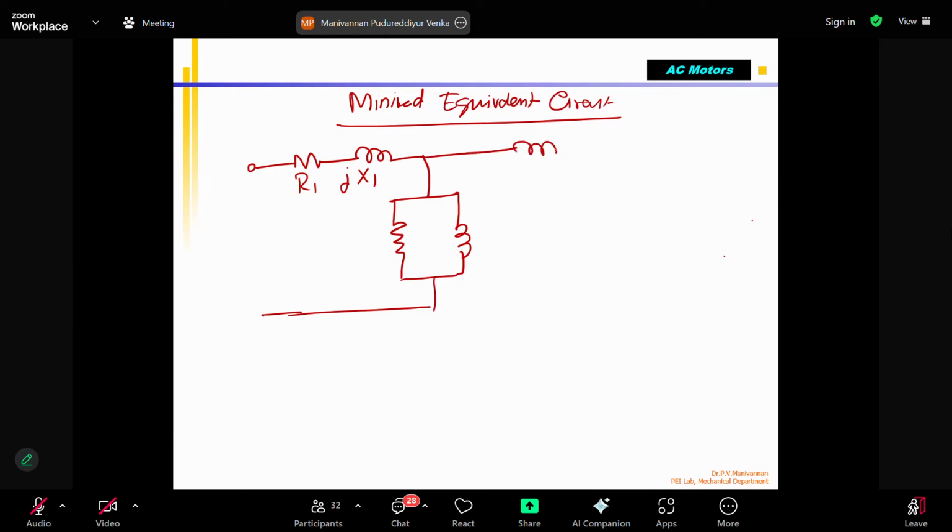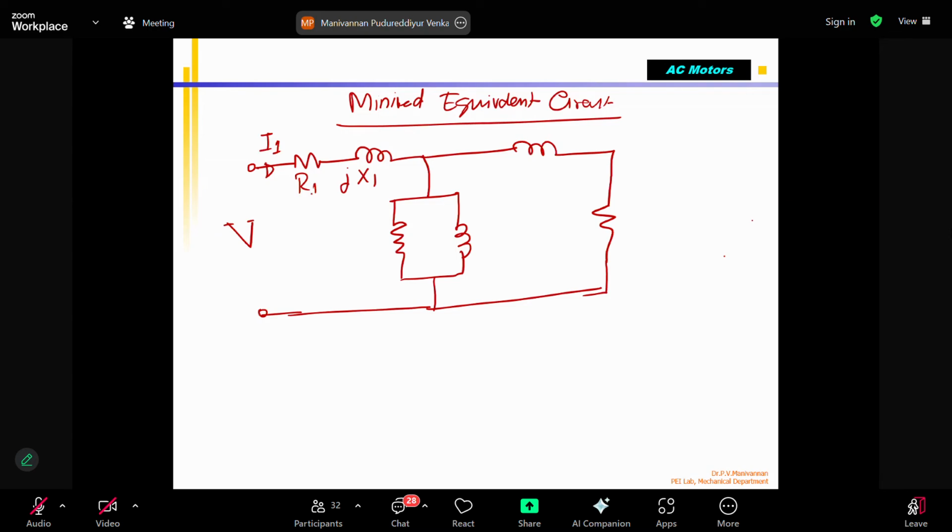This can be referred to. Here we are giving the input voltage. This is my I1, the input current.